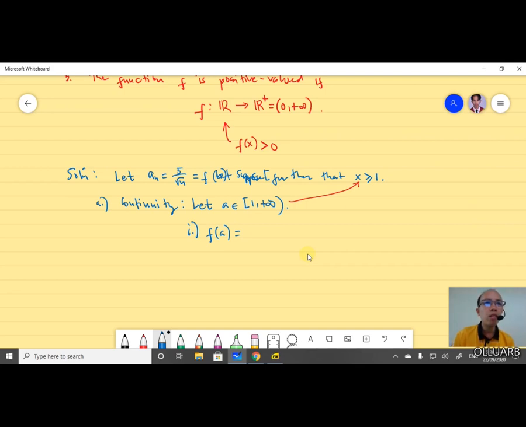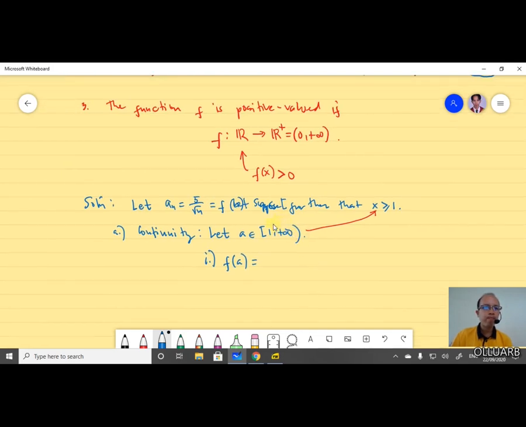Oh, what happened? There's something wrong with what I have written here because of the internet connection. So let's try to fix this one.